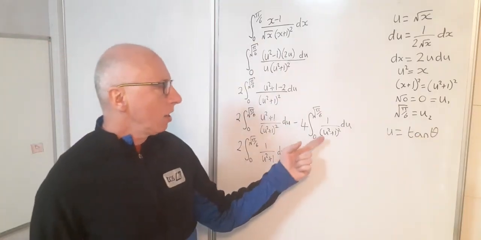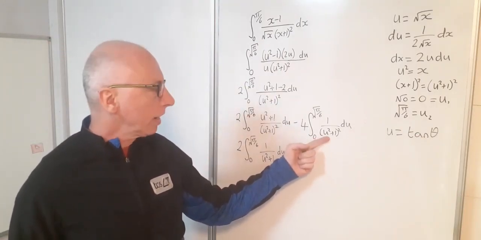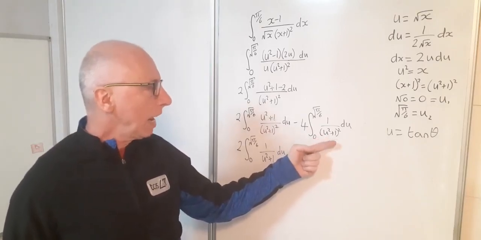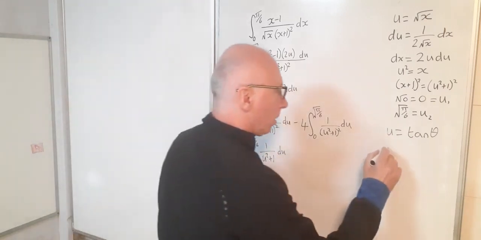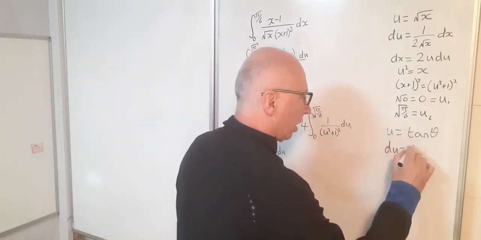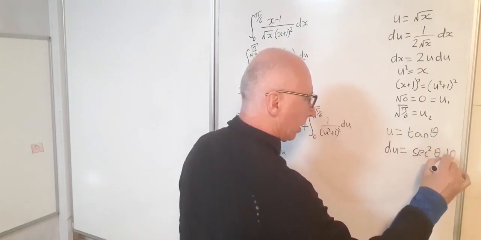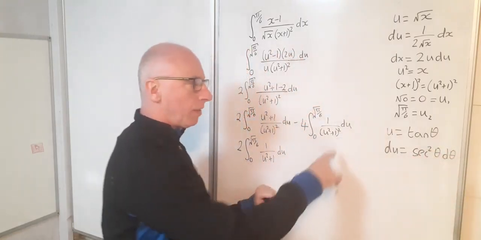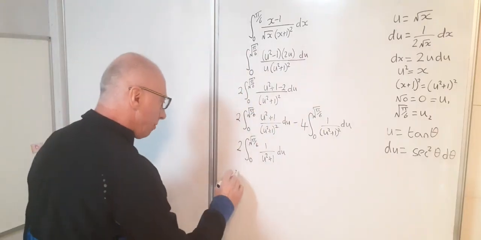And then u squared will be tangent squared theta. So that's good. So that'll give me a nice identity to see. And also what I've got there, I need to do my du. So du equals secant squared theta d theta. So that's all ready just to plug in for that. So this one, no worries. Let's get the result of that written up.